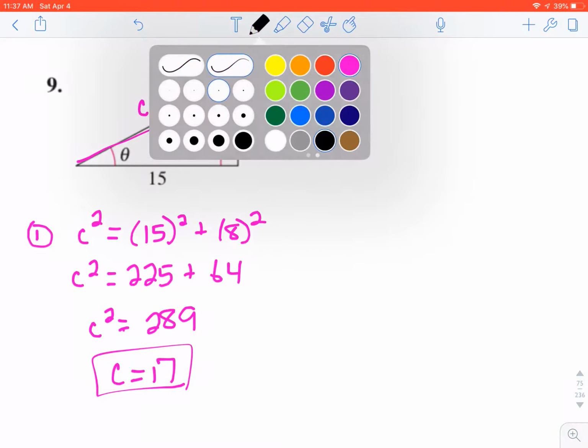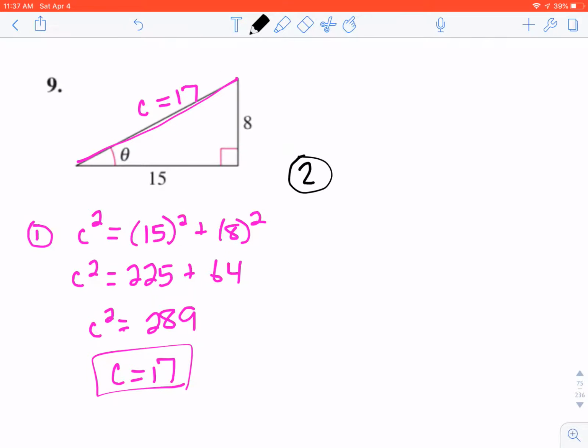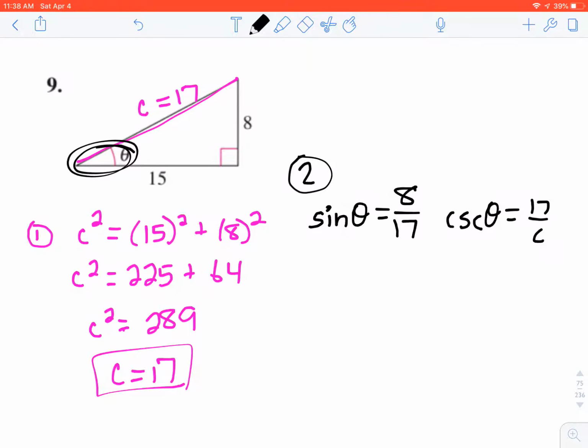Okay, so for step 2, we now have all of our sides. We can now set up our 6 trig ratios. So sine theta, again, using theta as your reference angle. Opposite is 8 over hypotenuse is 17. Cosecant theta is just the reciprocal of that, so 17 over 8.